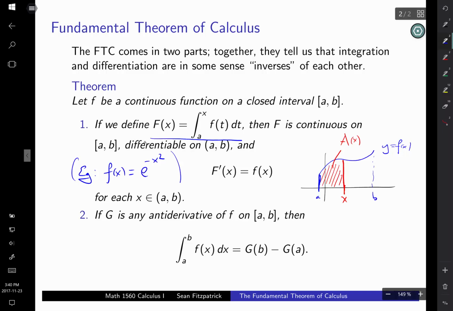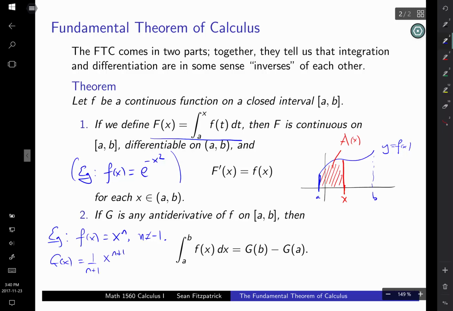So what are some examples? Well, we know that if f of x is, say, x to the n, and let's say n is not equal to -1, although we know how to deal with it when n is equal to -1 as well. Well, we know what an antiderivative looks like here. We know that our antiderivative would be 1 over n plus 1, x to the n plus 1.